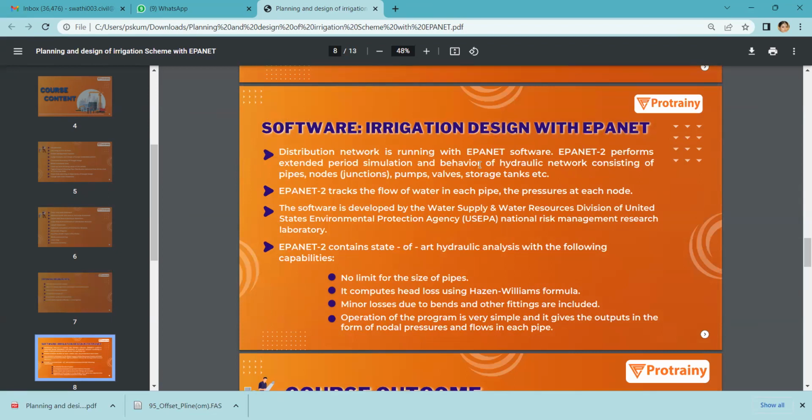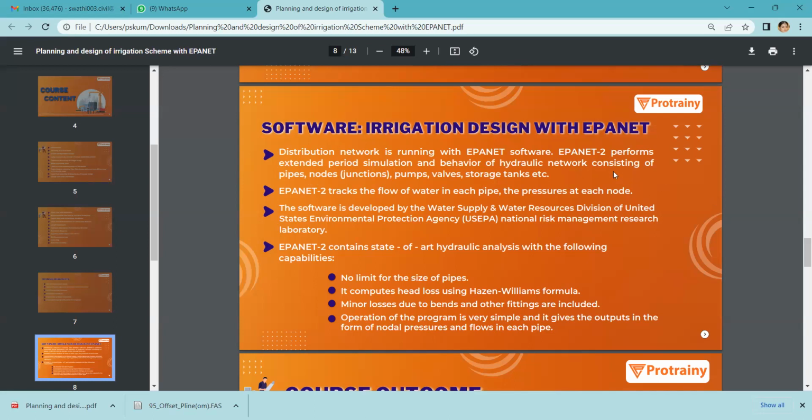Epanet designs to find out the pressure, discharge and so on. Epanet performs extended period simulation of the behavior of a hydraulic network. That means what pipe consideration: is it MS or HDPE? It is the most useful for an economical way to use.